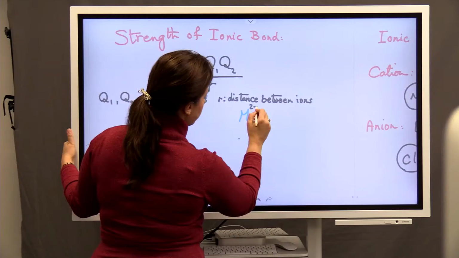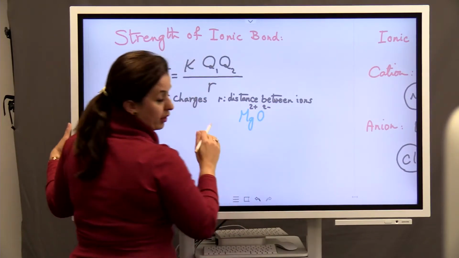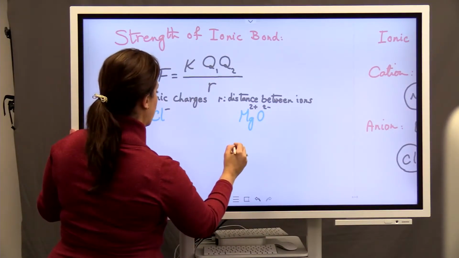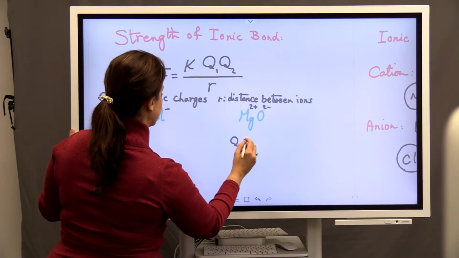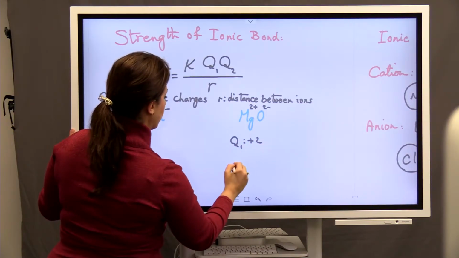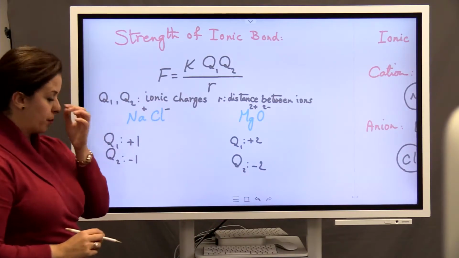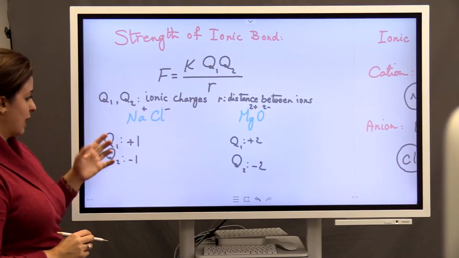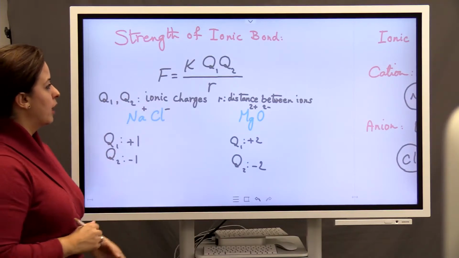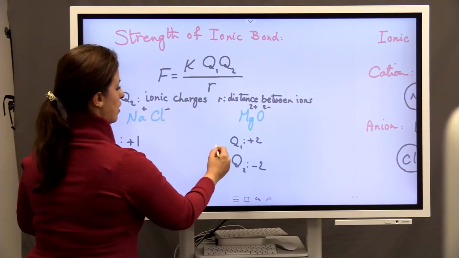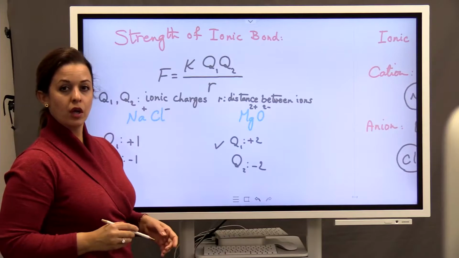Here for magnesium, positive 2 and negative 2, you already know these from chapter 2. Q1 is positive 2 and Q2 is negative 2. So, which one has higher ionic charges? Magnesium oxide, right?